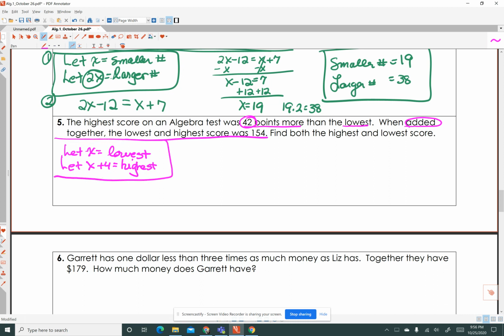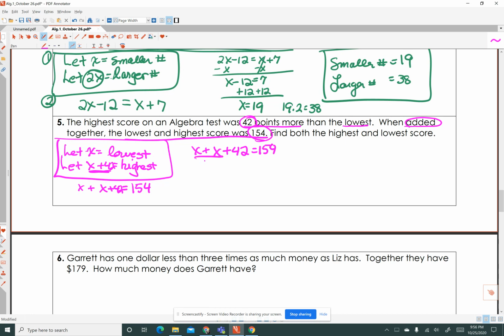There's our x box. So our equation will be x plus x plus 42 equals 154.